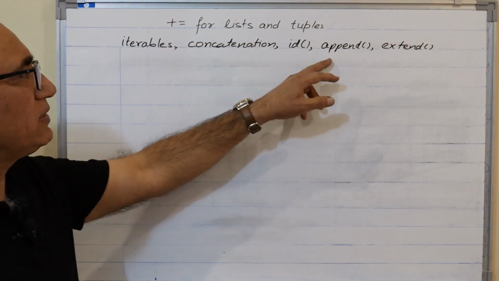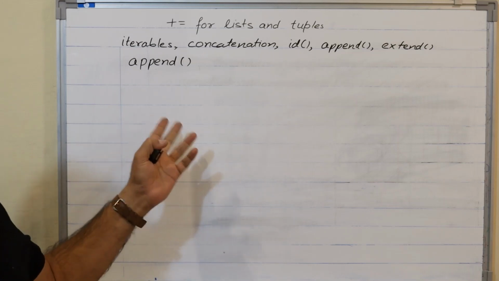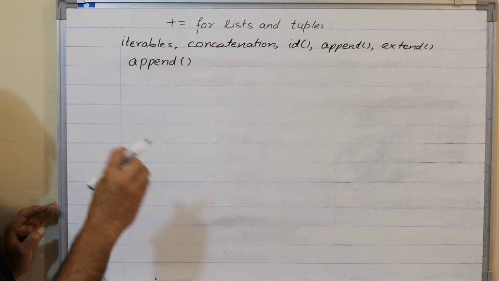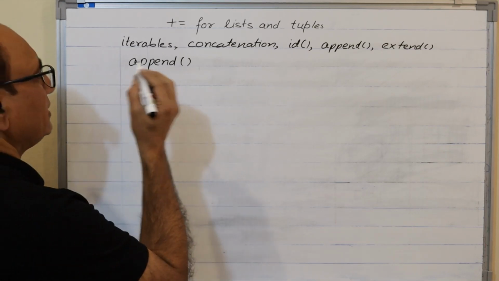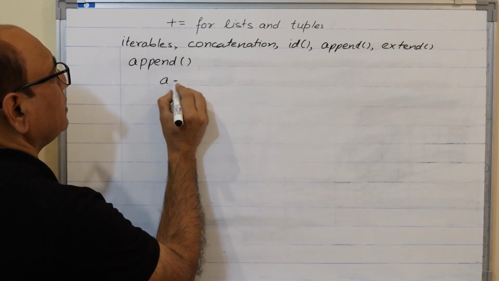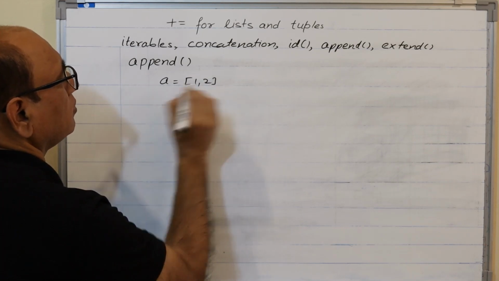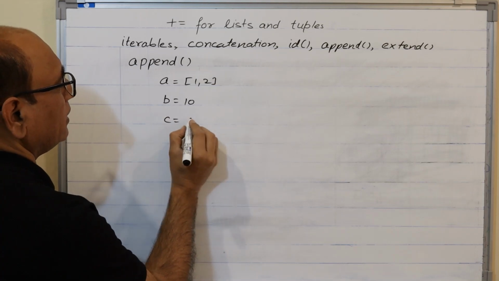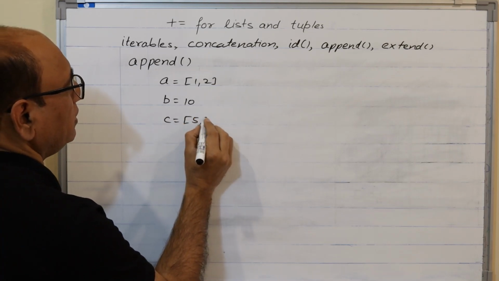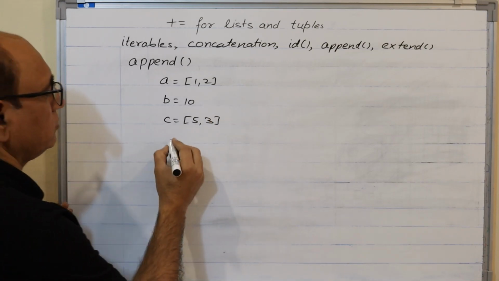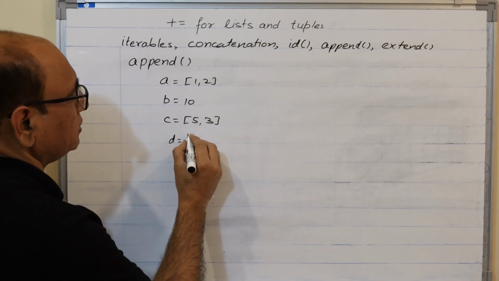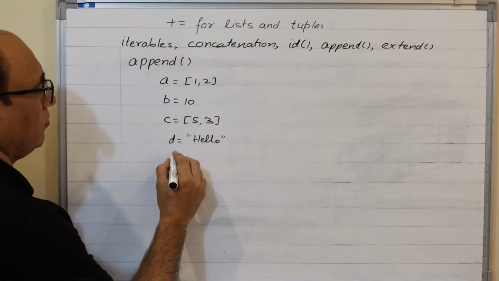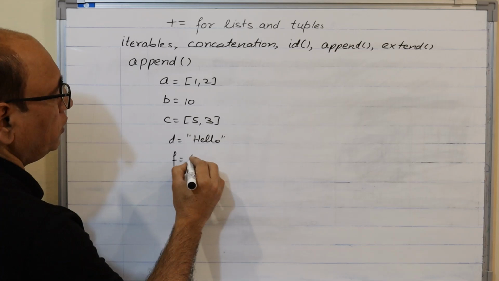Then we come to the append method of lists. The append method of a list takes an object as a parameter and appends that object as an element to the given list. For example, if I have a list A equal to 1, 2 and I have an integer B equal to 10, another list C equal to 5, 3, I am taking any random values, D equal to a string, let me say hello, F equal to some floating point value.